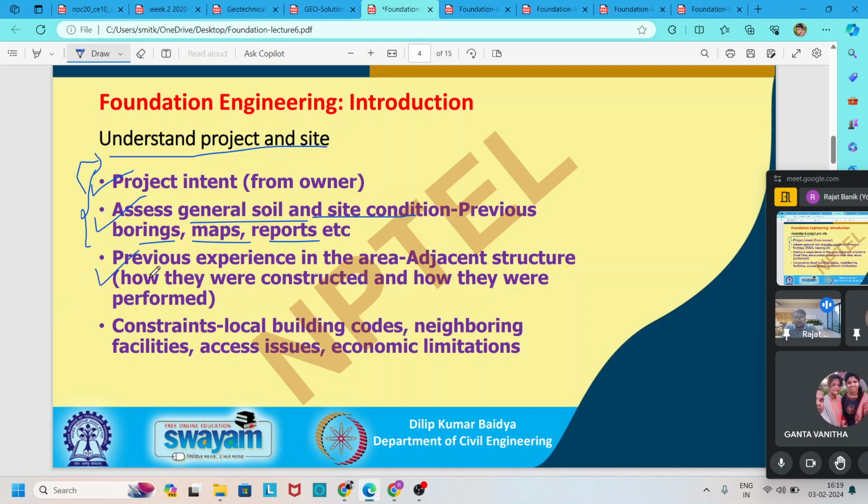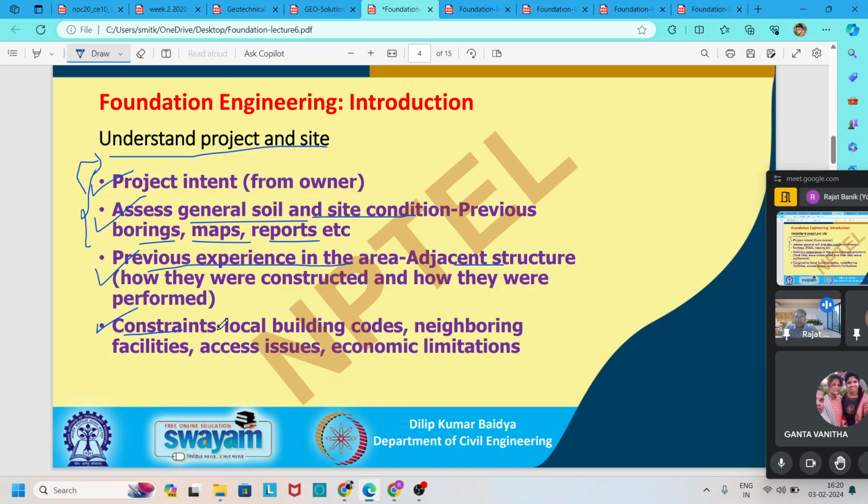Then also some previous experience in the area, that means adjacent structures, how they were constructed and how they performed. By looking at adjacent structures, whether they are safe, and if safe, which type of foundations were built for the soil, we have to address also. Then some constraints also we have to address.